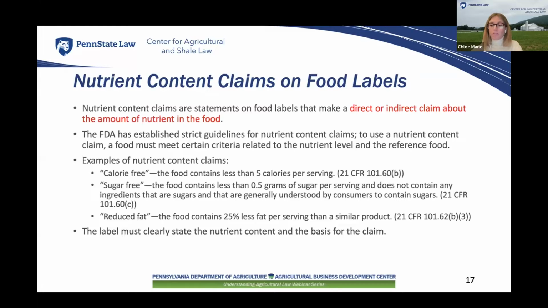For example, if reduced fat mayonnaise contains 50% less fat than regular mayo, the label must say reduced fat mayonnaise, 50% less fat than our regular mayonnaise. Additionally, the label must provide quantitative information comparing the fat content of the product per label serving with that of the reference food. For example, the label could say fat content has been reduced from 8 to 4 grams per serving.